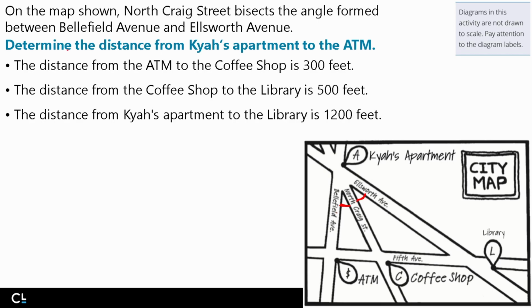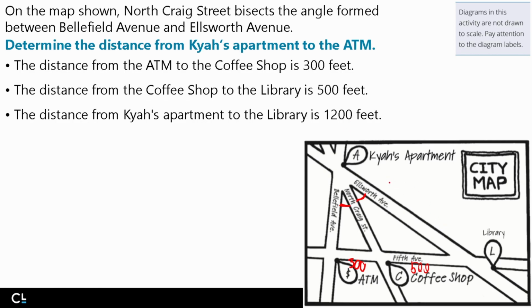Next up, it says the distance from the ATM to the coffee shop is 300 feet. Where's the ATM? ATM to the coffee shop, right here, is 300 feet. Distance from the coffee shop to the library is 500 feet. So we got 500 feet. Last but not least, distance from Kaya's apartment to the library is 1,200 feet.